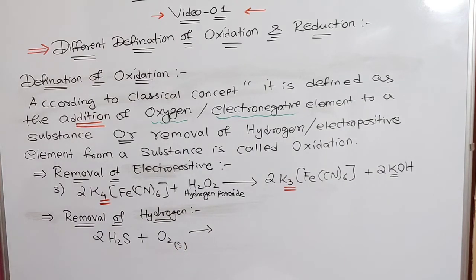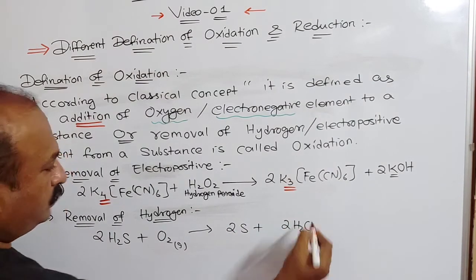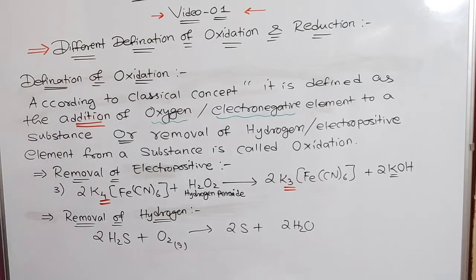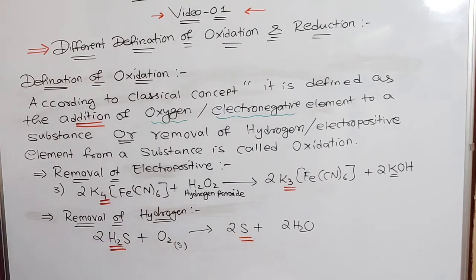So 2H2S plus O2 gives you 2S plus 2H2O. Here hydrogen is being removed from sulfur, so removal of hydrogen is also what we call oxidation.